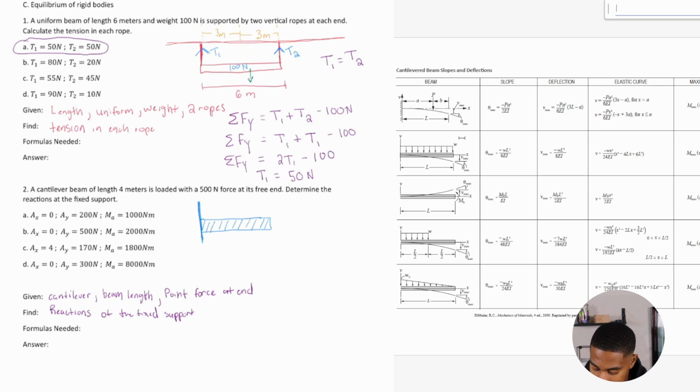We know that the beam length is 4 meters. All right, 4 meters. All right, we also know that we got a load at the free end of 500 newtons. So this is my free end of 500 newtons.